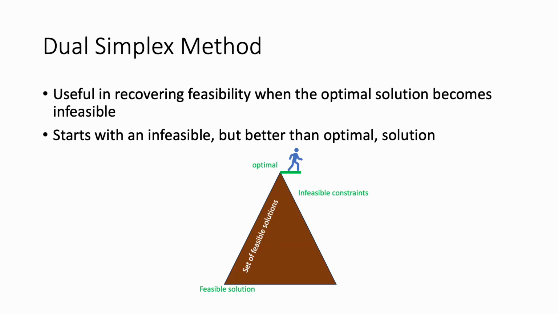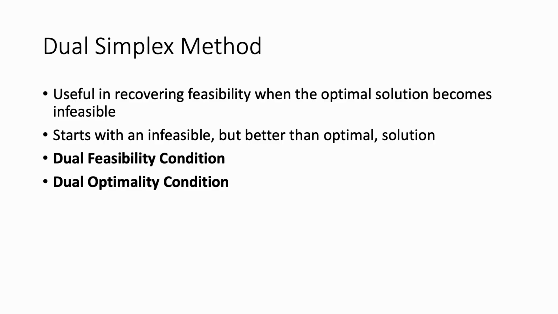Again, it starts with an infeasible solution, but it is optimal or better than optimal, so basically it is suboptimal. So this method makes use of the dual feasibility condition and the dual optimality condition. Now, the dual feasibility condition is used to identify the leaving variable, while the dual optimality condition identifies the entering variable.